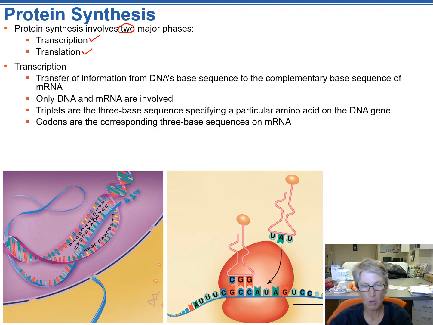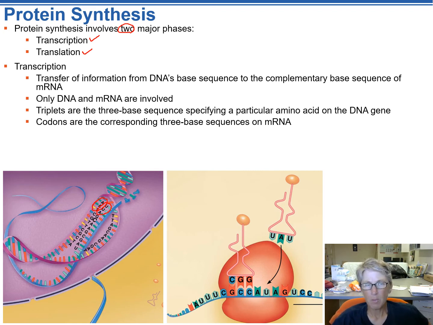So transcription, we've talked about that. It's information from DNA to the complementary base sequence of messenger RNA. So AAT, the complementary base sequence in RNA is UUA. So that's just kind of learning how to use the jargon.